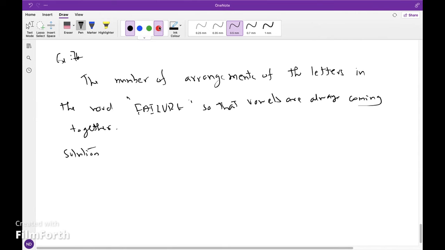Solution. The word failure, there are 7 alphabets in which 4 are vowels.